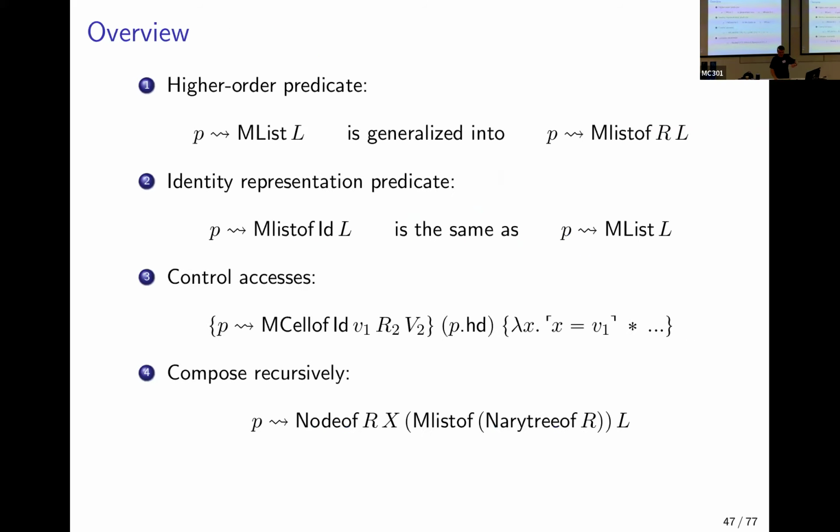I guess I can stop. Yeah, maybe a teaser for next time. We'll see, but it's not really hard, but it's useful. So you remember mlist, which is the predicate on mutable list. But if you have a list of lists or list of trees or list of references, how do you talk about those? So you could say, oh, it's a list of values, and then I specify all of those values next to it.